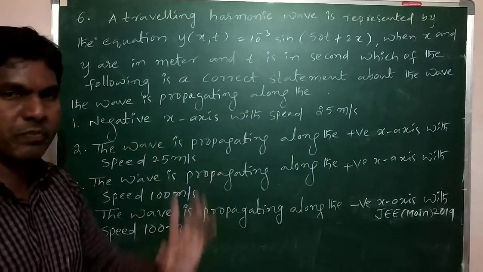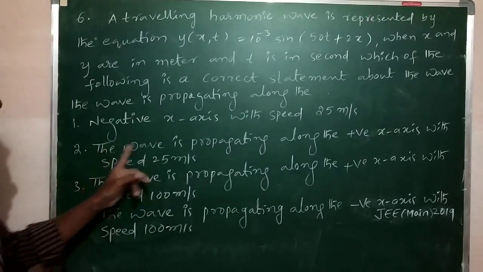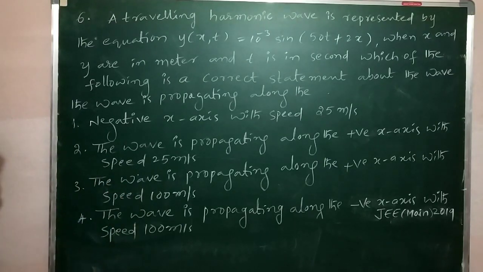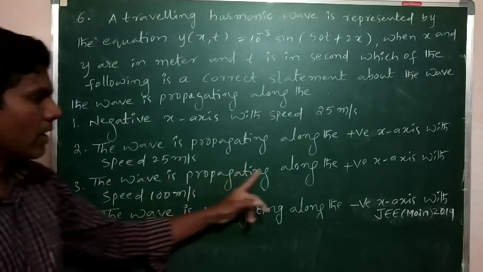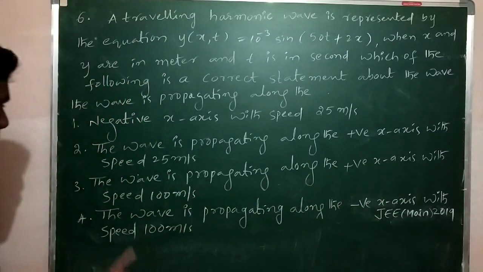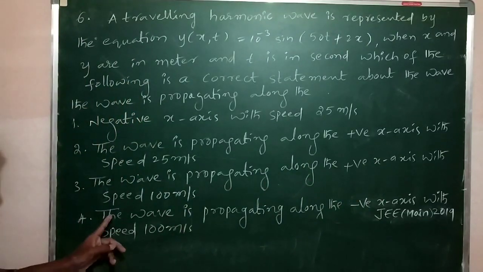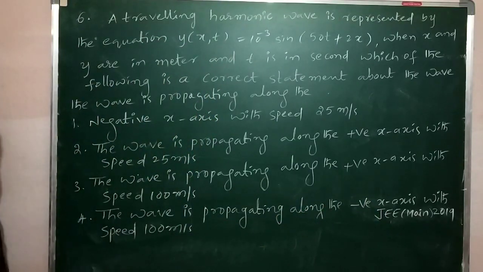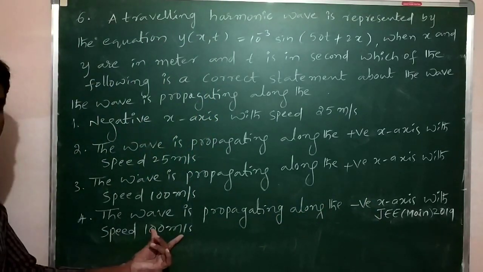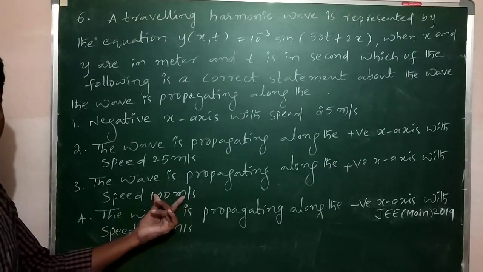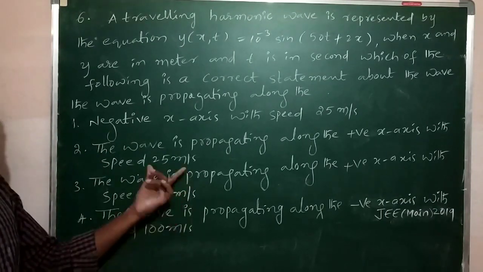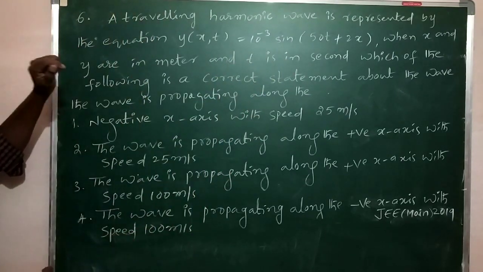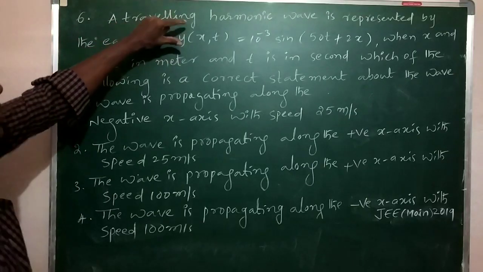Negative x-axis with speed 25 meters per second; positive x-axis with speed 25 meters per second; positive x-axis with speed 100 meters per second; negative x-axis with speed 100 meters per second. Here the speed is 100 meters per second in both, but the direction will be different. So we can find the speed here according to the question.